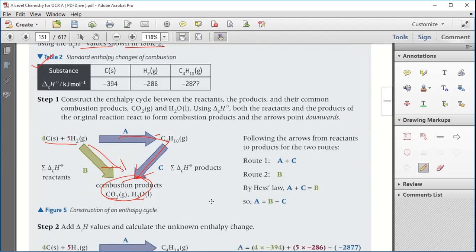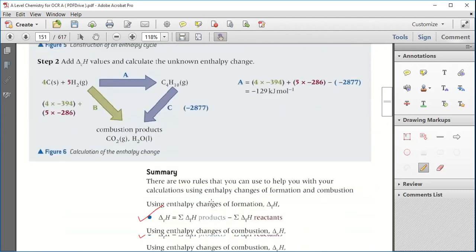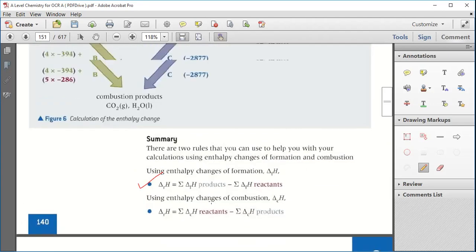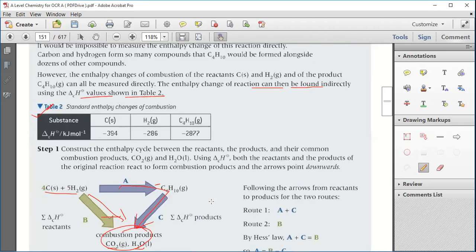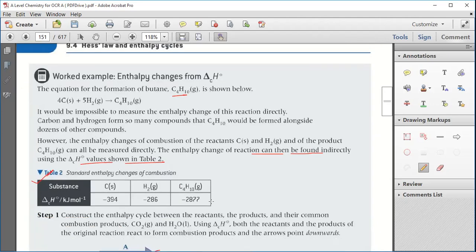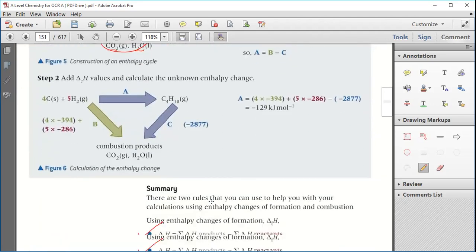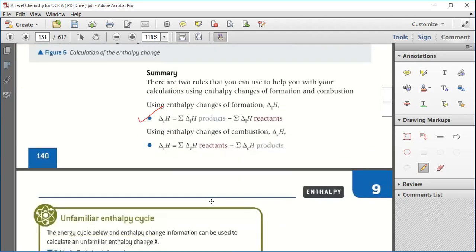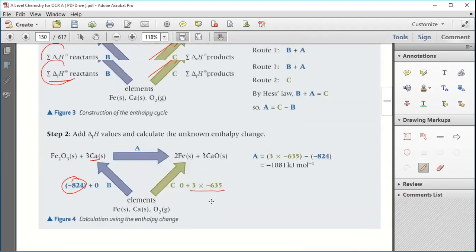No, for the first example, that was a formation one, and it says product minus reactants. Example one, page number 139, the one before 139.